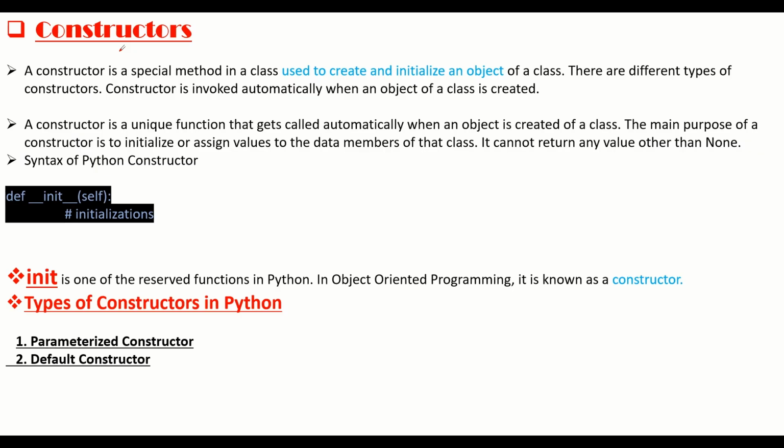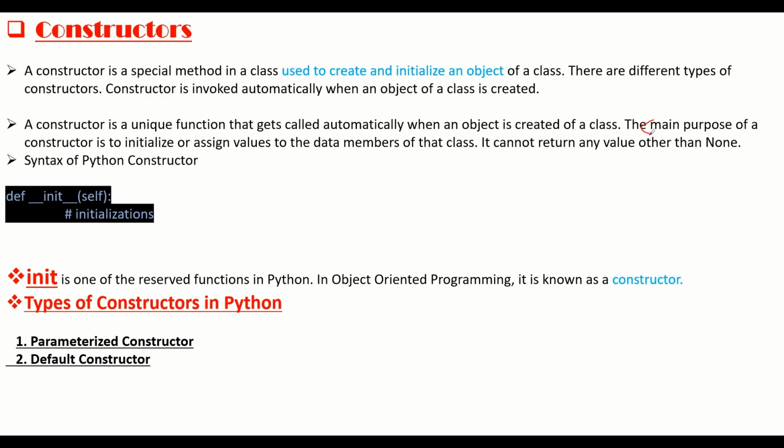There are different types of constructors. A constructor is invoked automatically when an object of a class is created. It is a unique function that gets called automatically when an object is created.